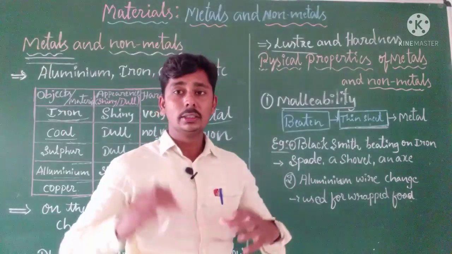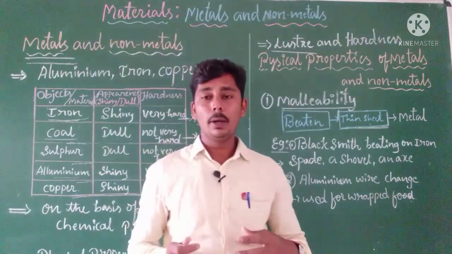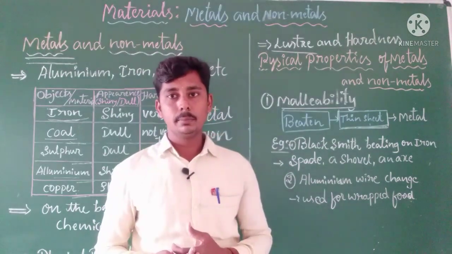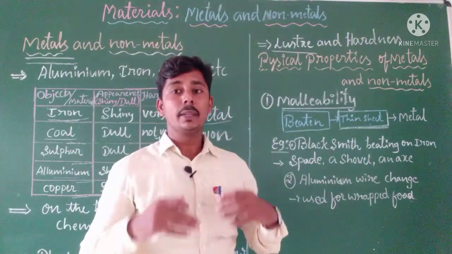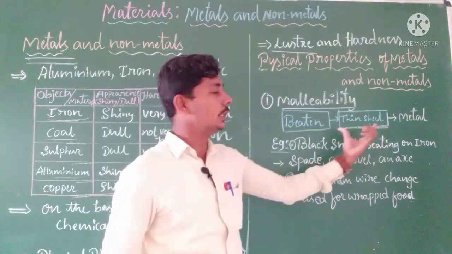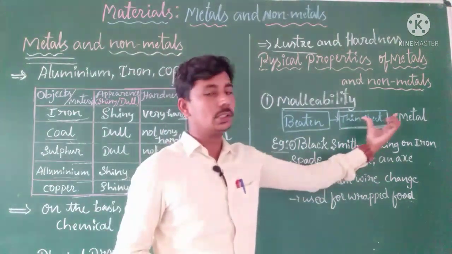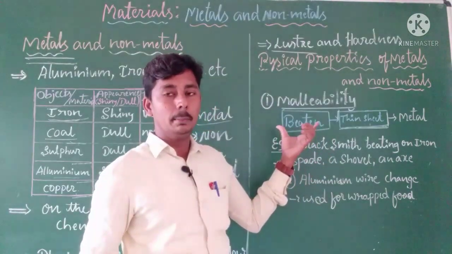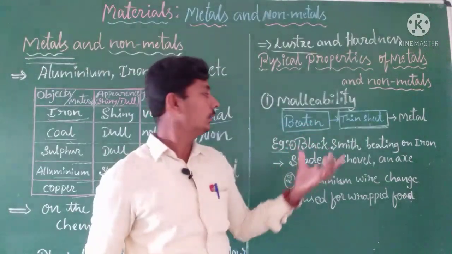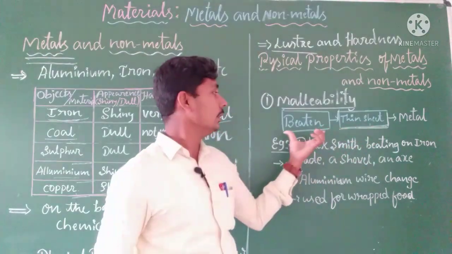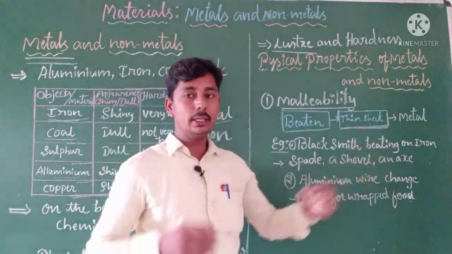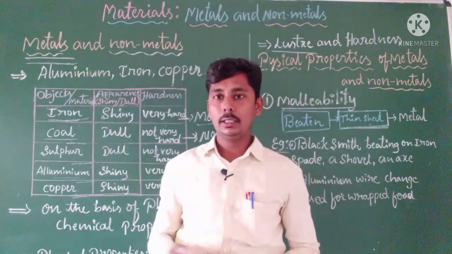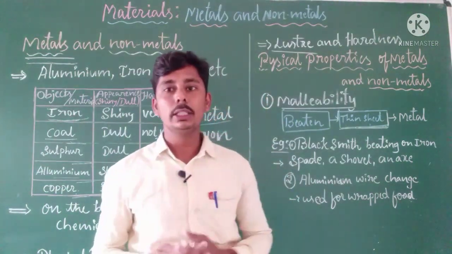Malleability means the property of a metal by which it can be made into thin sheets. The metal is beaten into thin sheets. When beaten on the surface of the metal, it makes a thin sheet.